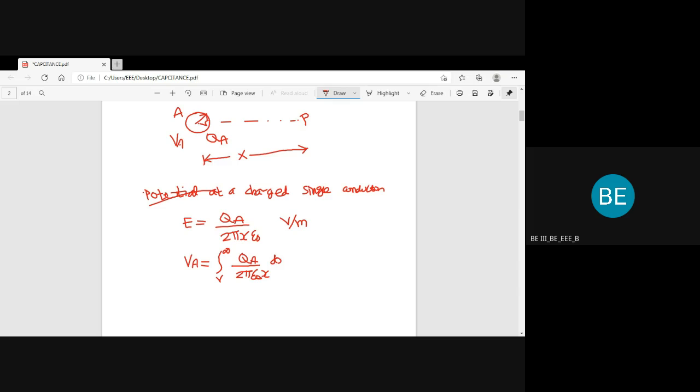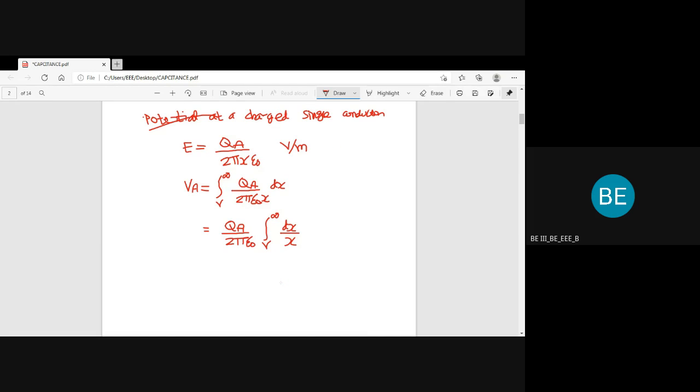If we integrate this, we get QA divided by 2 pi epsilon naught times the integration from r to infinity of dx by x. This is the potential difference between conductor A and infinity.